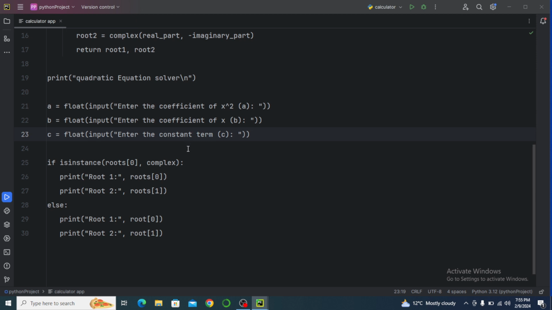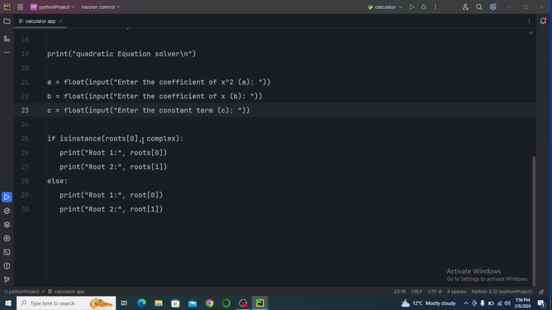Let me see. Having some issues right here. I don't know what's wrong with the code. The code looks fine to me.